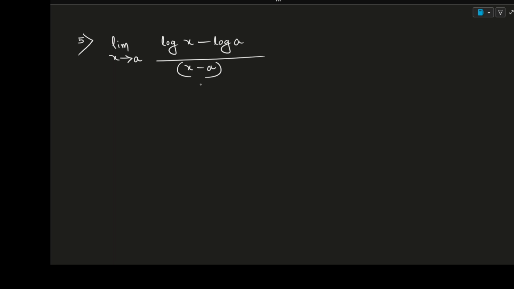So how can we solve this logarithmic function? When x tends to a, we can see that this form is reduced to 0 by 0, which is the indeterminate form.